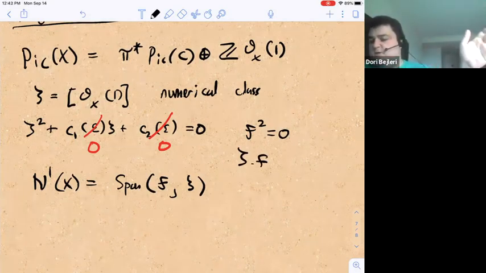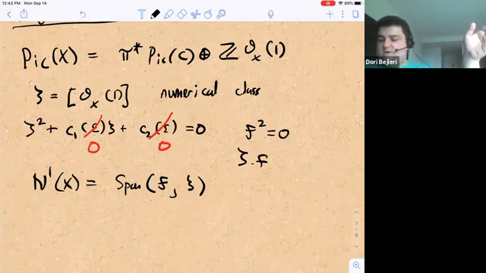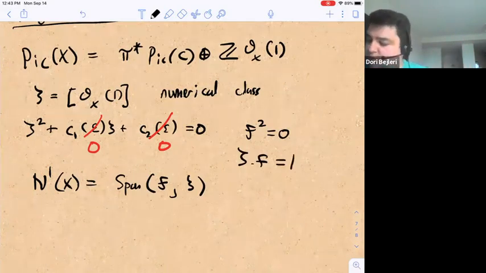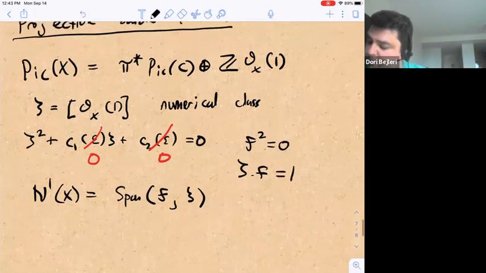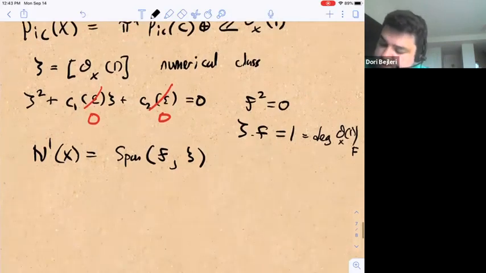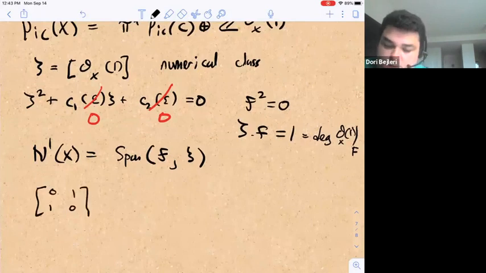So we have this P1 bundle, and when we intersect it with a fiber, we have to get 1, because O of 1 has degree 1 on P1. Okay, so the intersection matrix here is 0, 1, 1, 0.